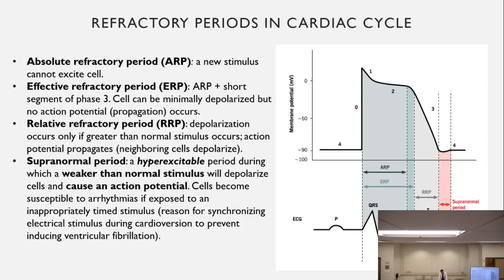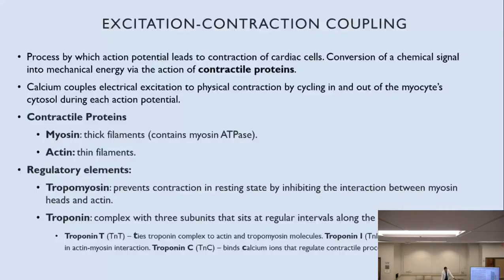So you can work on regularizing the rhythm or slowing down the heart. You can give medication to slow down the heart. In that case, you are going to work on the pacemaker action potential, slowing it down, or you can slow down the conduction at the AV node. There are different types of medications that you can use, depending on what you want to achieve. They act at different points.